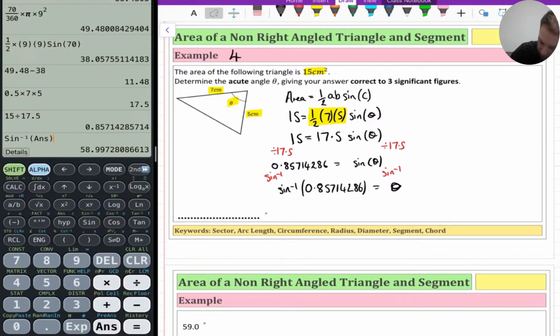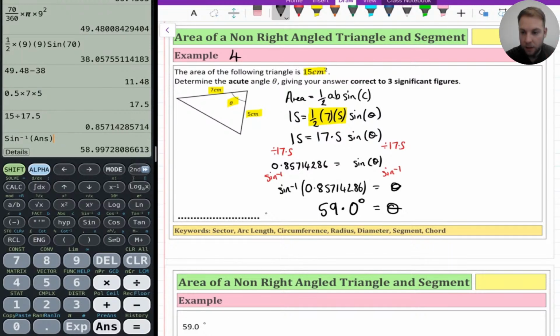And they want this correct to 3 significant figures. So theta is equal to 58 point... I've got a problem, haven't I? Because it's going to round up that 9. So it's going to be 59.0 degrees. Super.